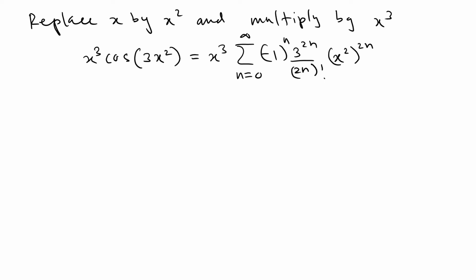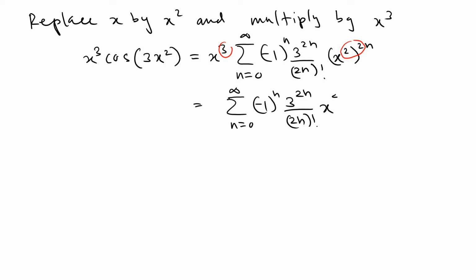That's what we have. So this 2 and 2n become 4n because you multiply, and also you can bring this x cubed inside. So finally we have sigma n going from 0 to infinity, negative 1 to the n, 3 to the 2n over factorial 2n, x to the 4n plus 3.